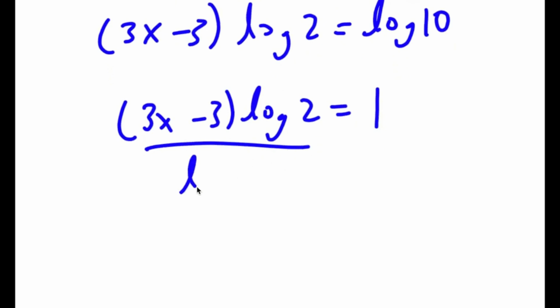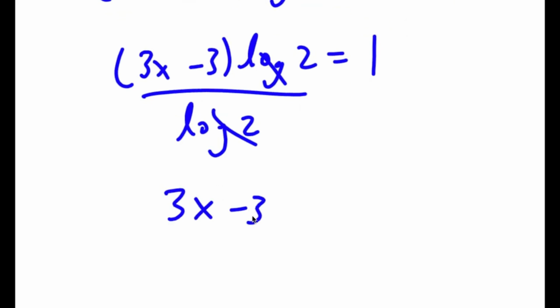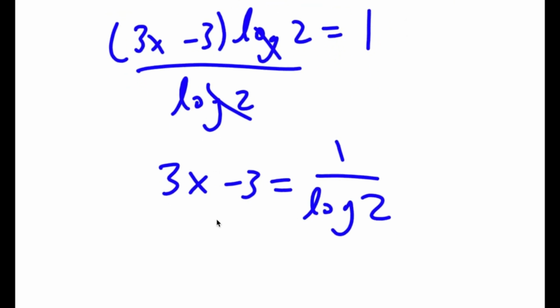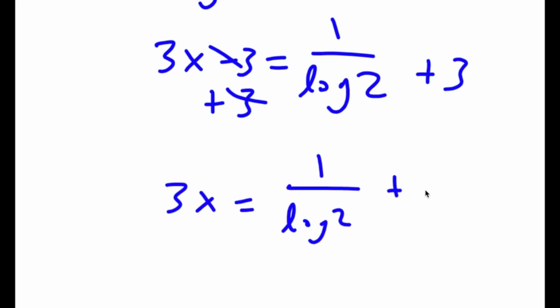Now if I divide both sides by log 2, these two cancel out, and I get 3x minus 3 is equal to 1 over log 2. Now if I add 3 to both sides, these two cancel out, so I get 3x is equal to 1 over log 2 plus 3.